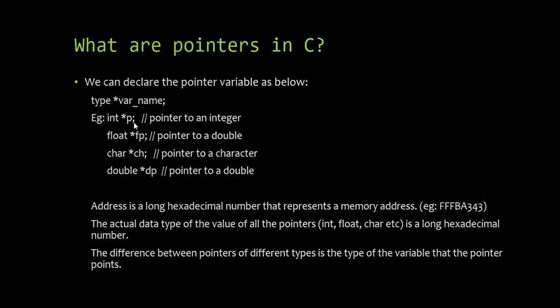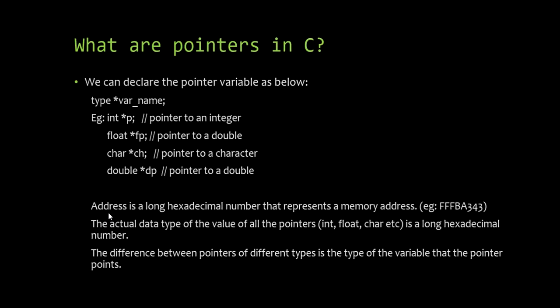This simply defines a pointer to an integer. float *fp, a pointer to a float, and char *ch, a pointer to a character, and double *dp, a pointer to a double. There should be a float; this was written by mistake. This is for the pointer to a float.